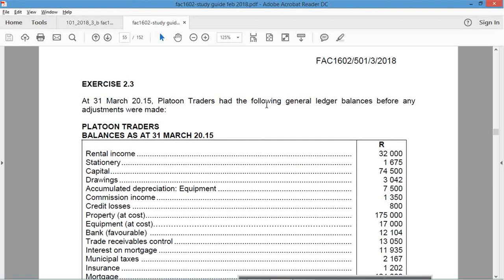I'm going to let you know in the future, you won't know when, that I'm going to come back to exercise 2.1, 2.2 and 2.3, and ask you to do these workings again because you've already done it. Then we can see whether there was an improvement.